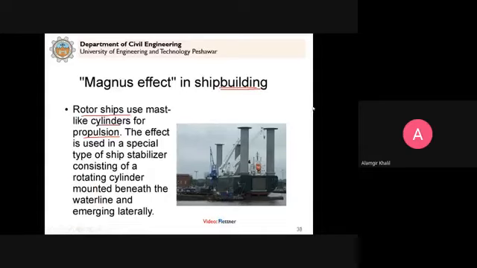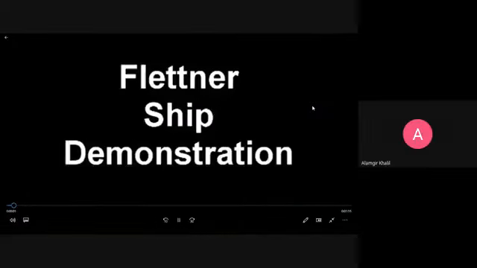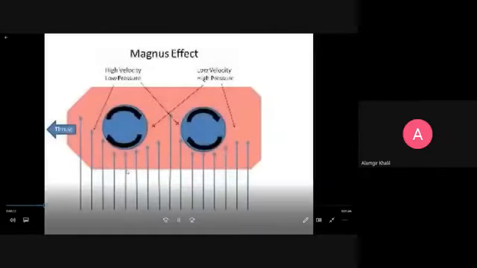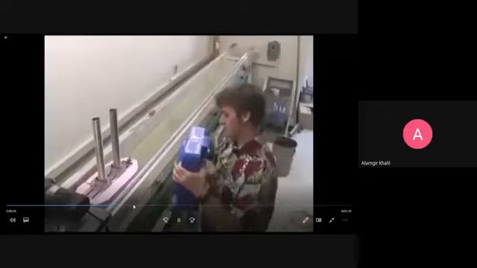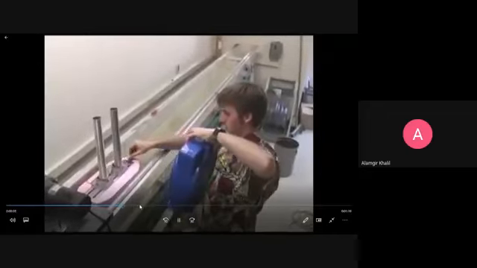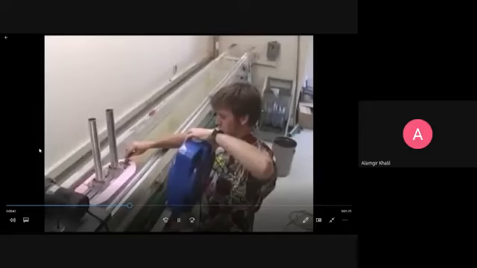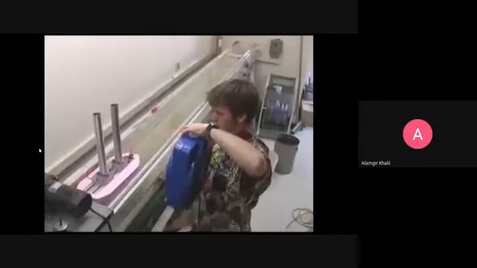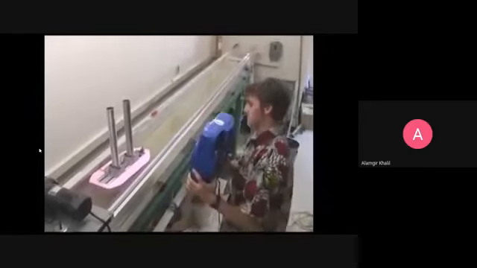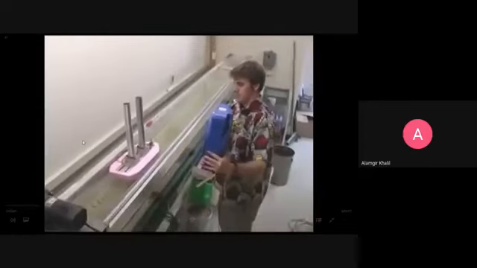You can see we have this small boat, and now you see here that we have two small rotors provided, and the air is flowing across by this fan.